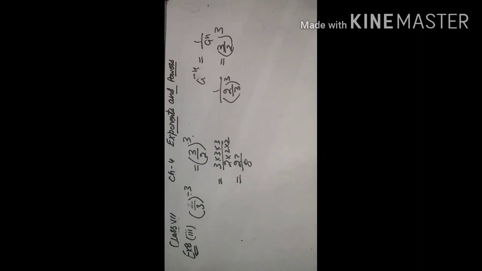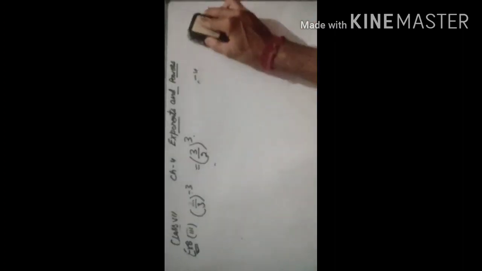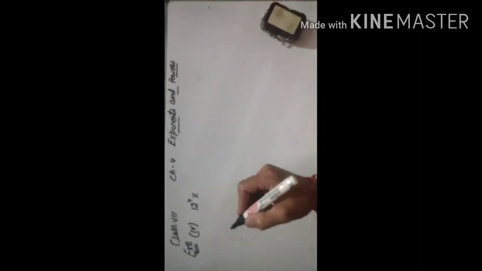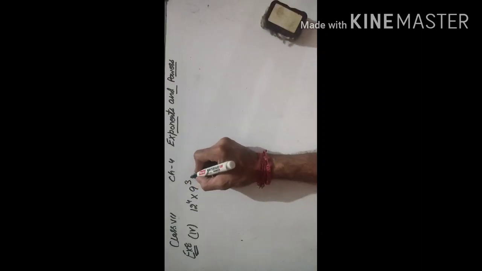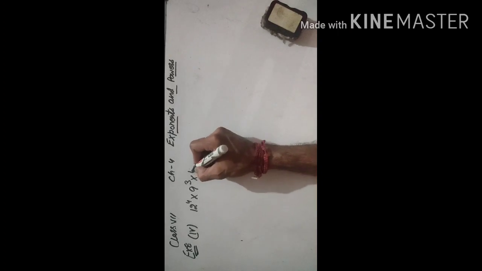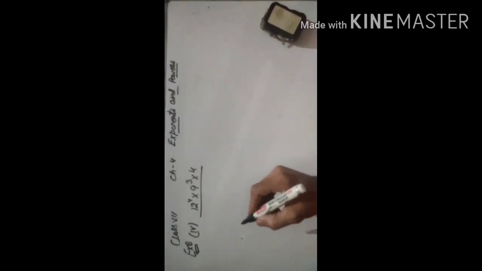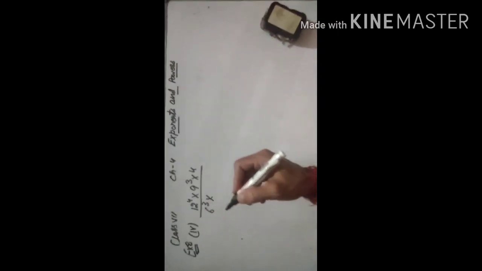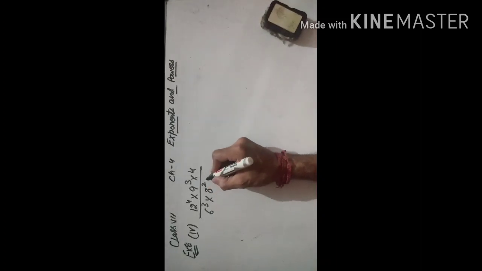Next is the fourth part. Fourth part is 12 to the power 4 into 9 to the power 3 into 4 divided by 6 to the power 3 into 8 to the power 2 into 27.